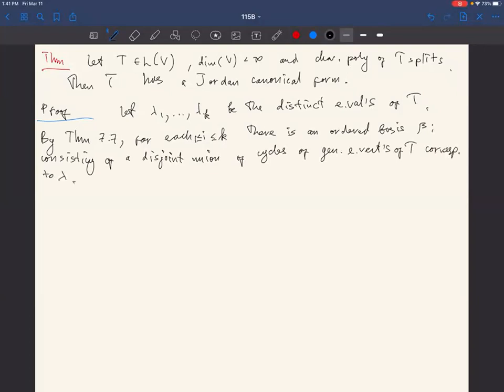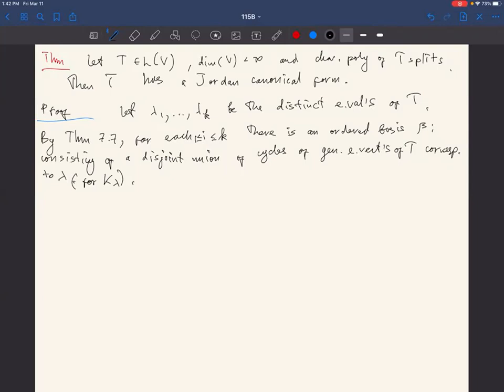So theorem 7.7 guarantees that there is a basis for K lambda. Yeah, so we have a basis for K lambda consisting of such cycles of generalized eigenvectors, a disjoint union of them.